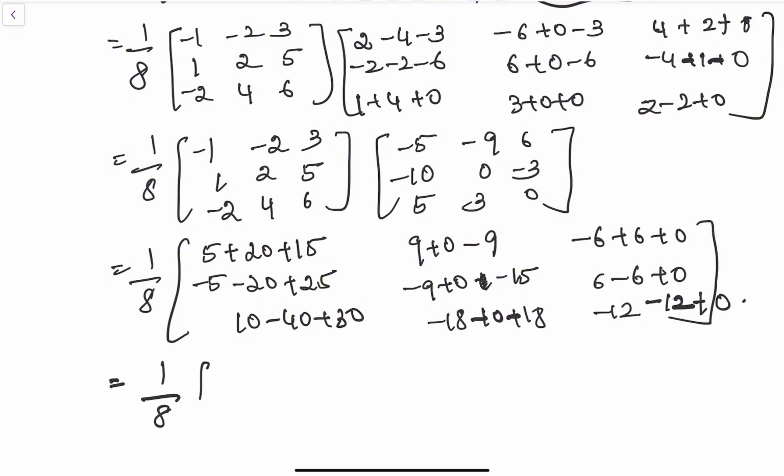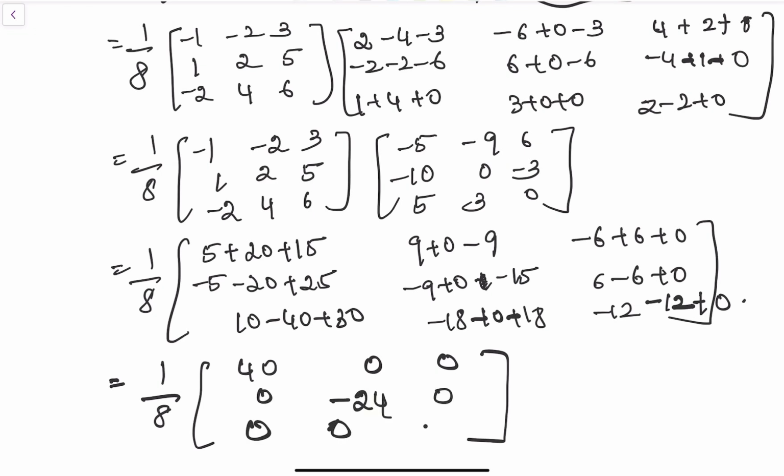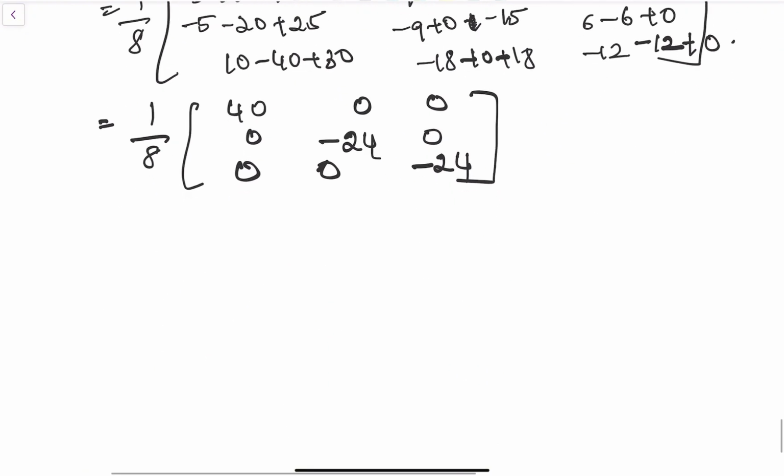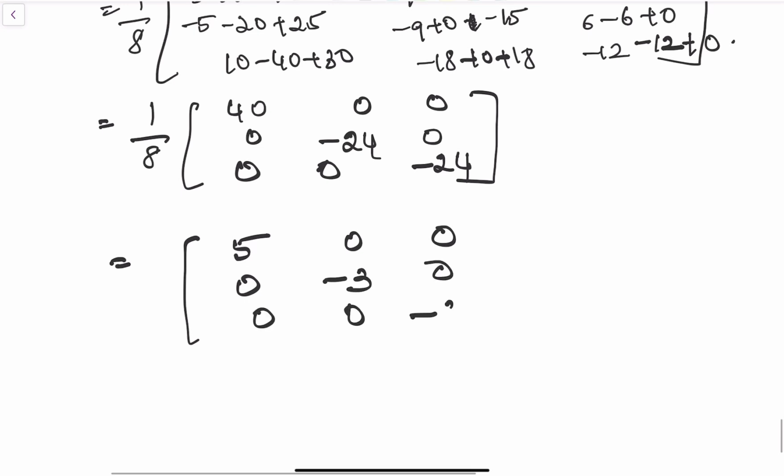So the answer will be 1 by 8 into 40, 0, 0, 0, minus 24, 0, 0, 0, minus 24. Now multiplying by 1 by 8 means dividing: 40 divided by 8 is 5, so we get 5, 0, 0, 0, minus 3, 0, 0, 0, minus 3.